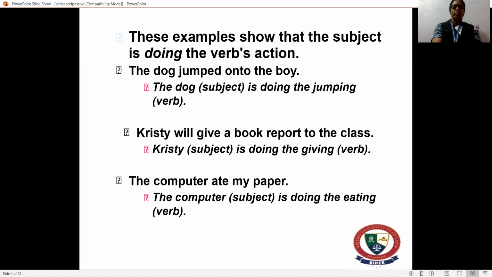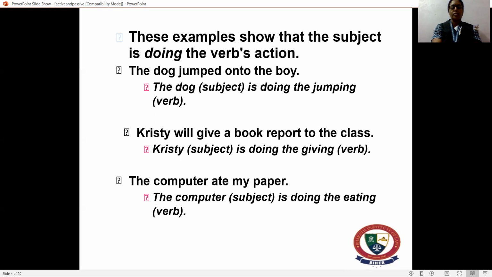What is it doing? It is jumping onto the boy. So we take the subject, that is the dog, and the action done by the dog, that is jumping. The dog is the subject and the action is done by the subject. Since the subject is doing the action, we call this sentence an active voice sentence.